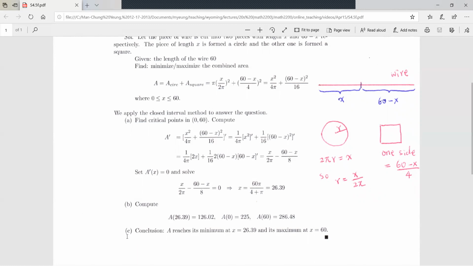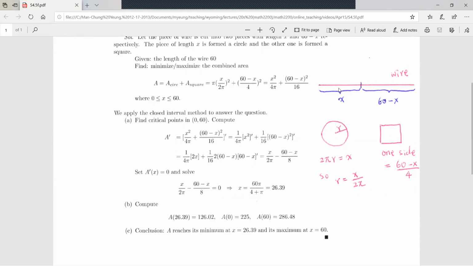Now, step 3, make conclusion. Among these 3 numbers, the largest is this one. So the combined area reaches the largest when x is 60. What does it mean?